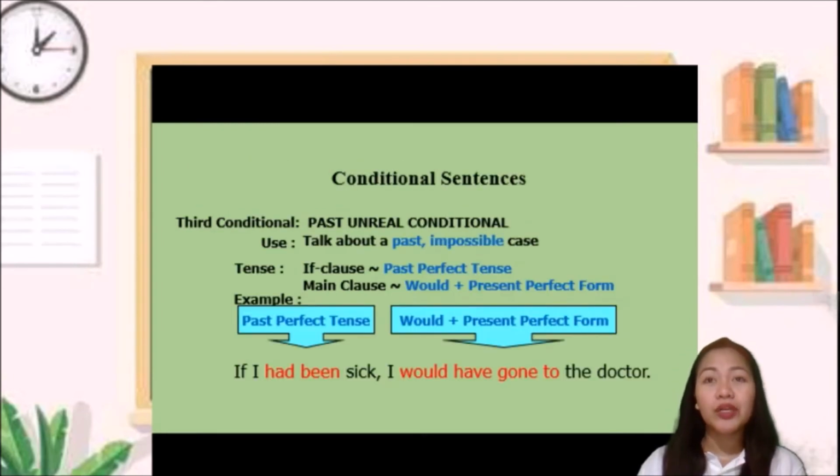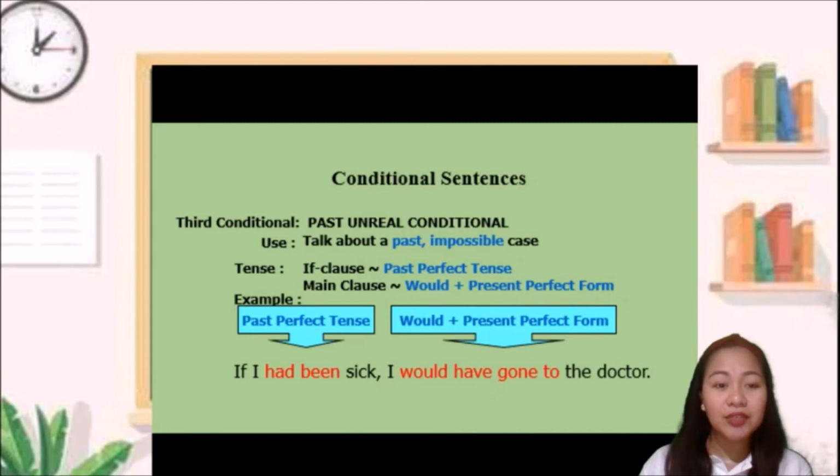Now, we move forward to the last type of conditional sentence. The third conditional or the past unreal conditional. We use this conditional to imagine a different past, different to the one that actually happened. Example, if I had been sick, I would have gone to the doctor.